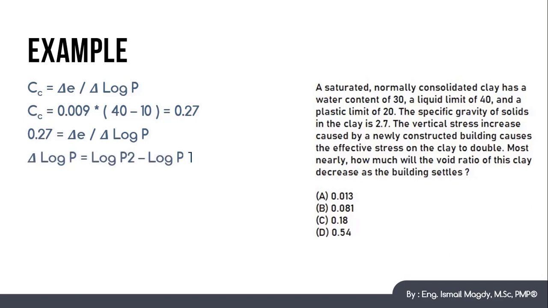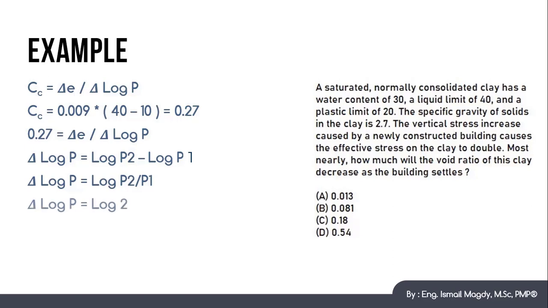And delta log P equals log P2 minus log P1. And we also know from mathematics that log P2 minus log P1 equals log P2 over P1. And here it is mentioned in the problem that the effective stress on the clay was doubled because of the new construction. This means that P2 over P1 equals 2.